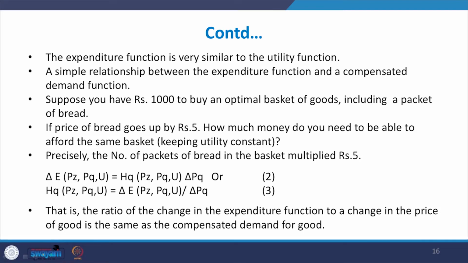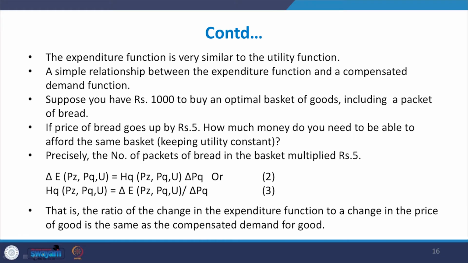So, this is an extra burden, or if additional income is not given, then consumer welfare will come down when the price of bread declines. This can be explained by the expenditure function.